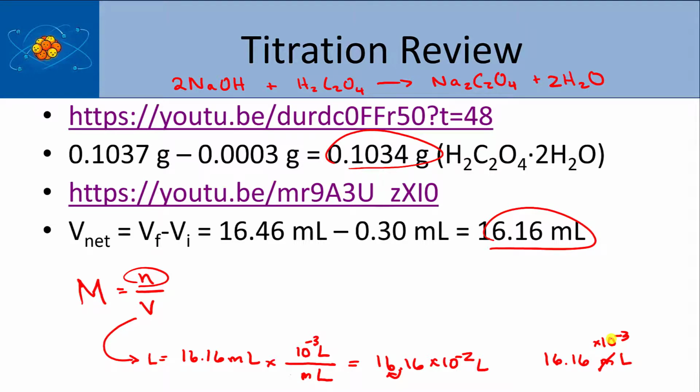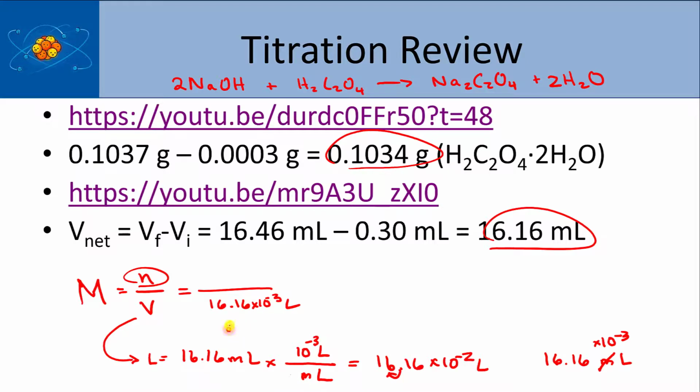And then you can just enter it like that in your calculator when you're doing your calculations. It doesn't really matter. So we've already figured out the bottom half of our calculation. So we're going to just say 16.16 times 10 to the minus third liters, or you could rewrite it like I'm showing here as 1.616 times 10 to the minus 2. It means the same thing, so it doesn't really matter how you present it in your calculations.